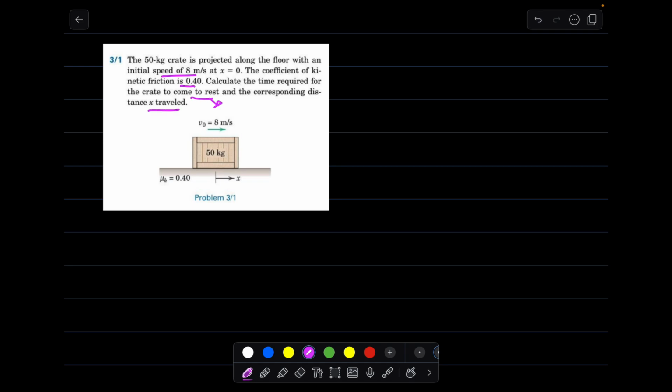Okay, so let's see what information is given to us. The mass of this box is given. It is 50 kilogram. It is moving on a flat surface. There is a contact surface here. And of course the kinetic friction value is given to us. It is 0.40, with an initial speed.